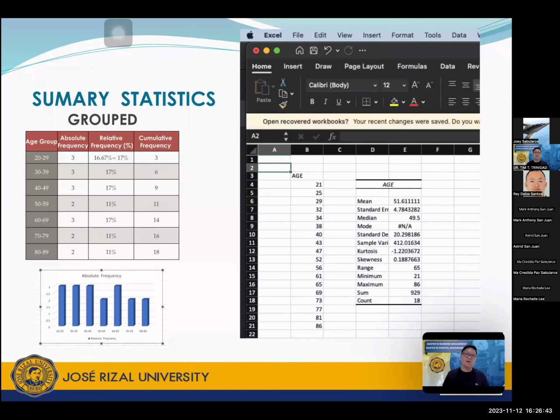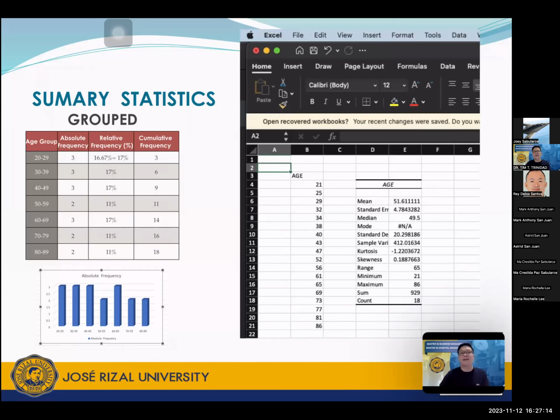Compute for the range, compute for the interquartile range if you want, compute for the variance, compute for the standard deviation, and then present it in a frequency table, provide a graph, and there, you're done with your research. You can now conclude. Right? Simple? We just went around in circles because we discussed the different details. But in short, it's very easy.